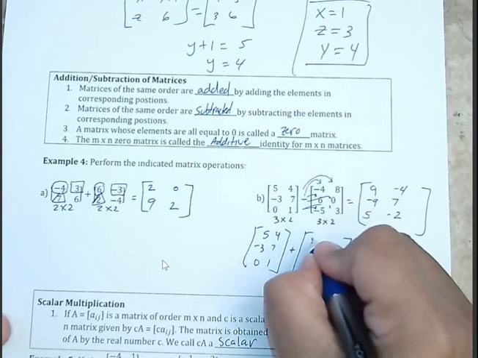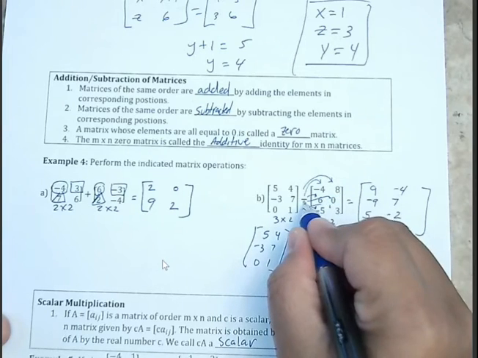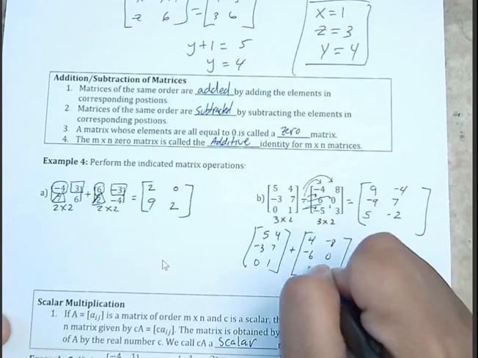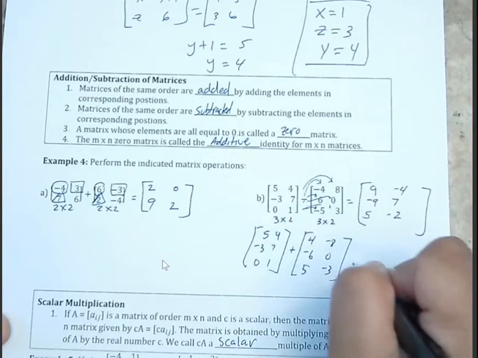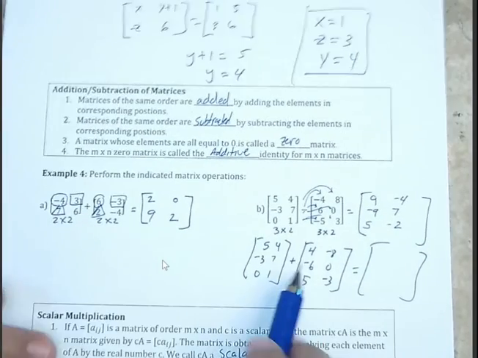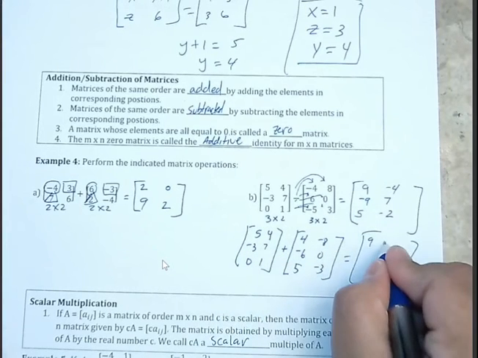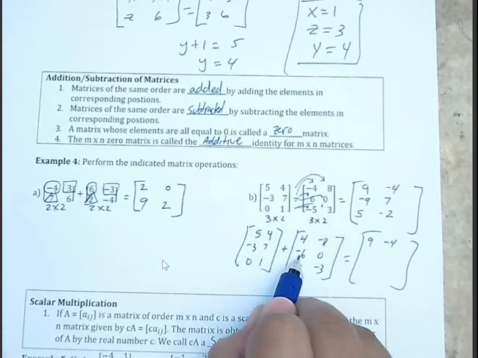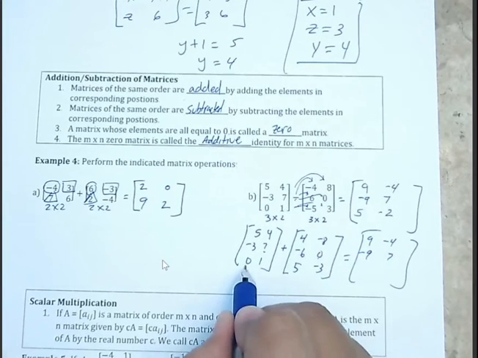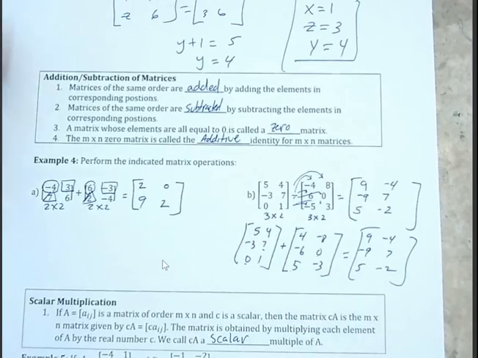So negative times negative 4 is a positive 4, negative times 8 is a negative 8, negative times 6 is a negative 6, 0, negative times negative 5 is positive 5, and negative 3. And so what happens is you end up with addition, which makes it a lot easier. 5 plus 4 is 9, 4 plus negative 8 is negative 4, negative 3 plus negative 6 is negative 9, 7 plus 0 is 7, 0 plus 5 is 5, 1 plus negative 3 is negative 2.